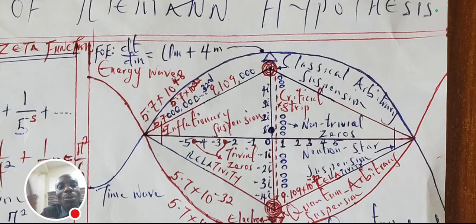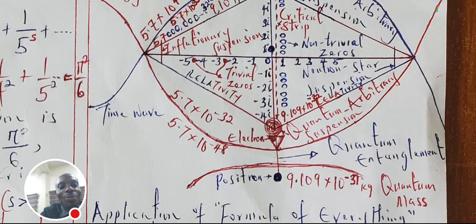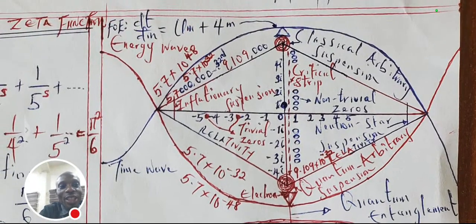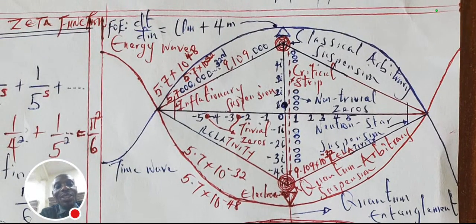Now, the way formula of everything works is this. In the place of the two m's, you can actually substitute the value of quantum mass worth, be it electron or anything. You can specify the mass worth of electron in the place of the two m's.